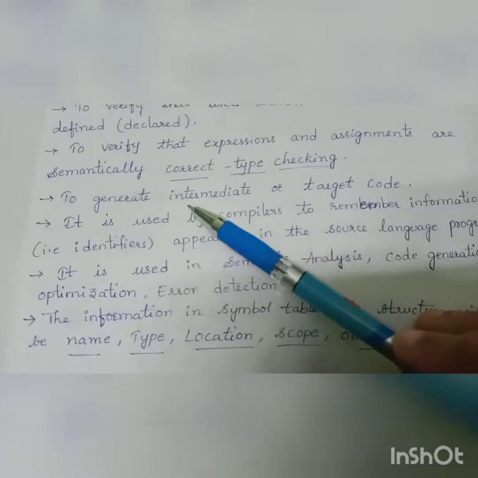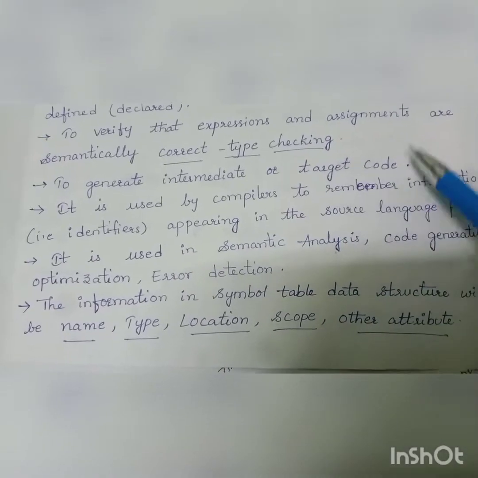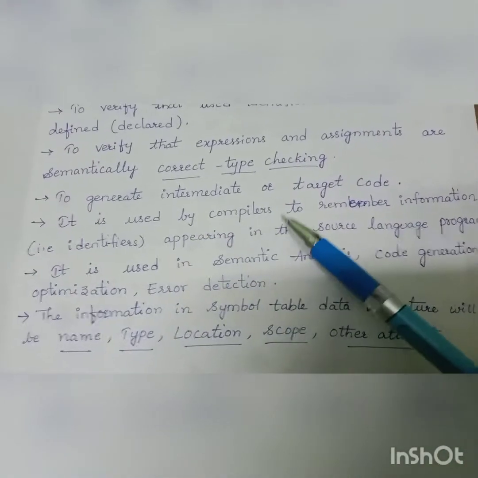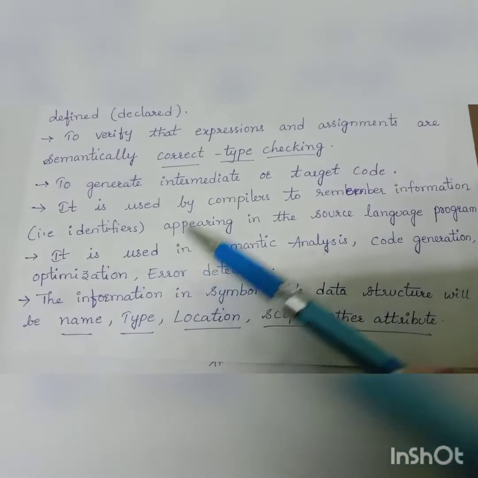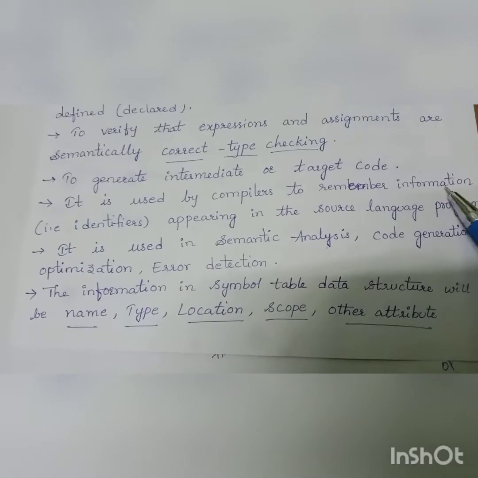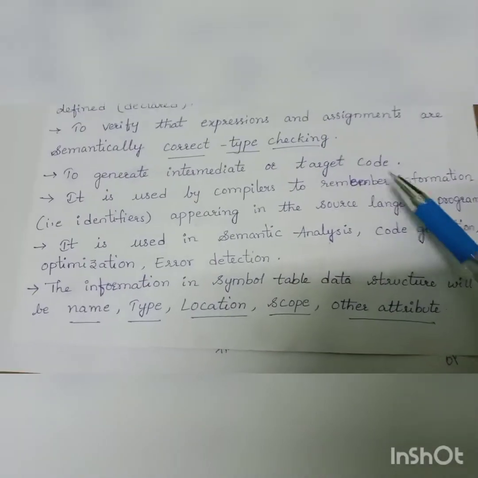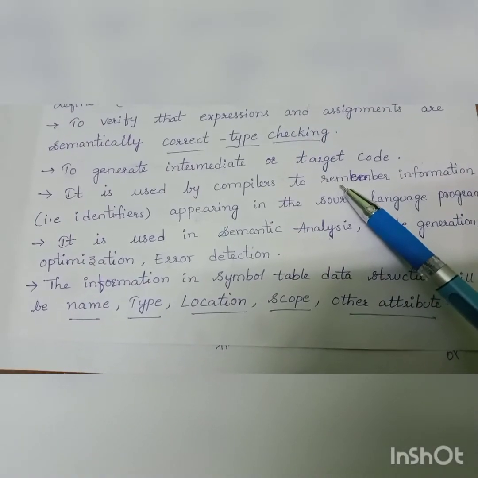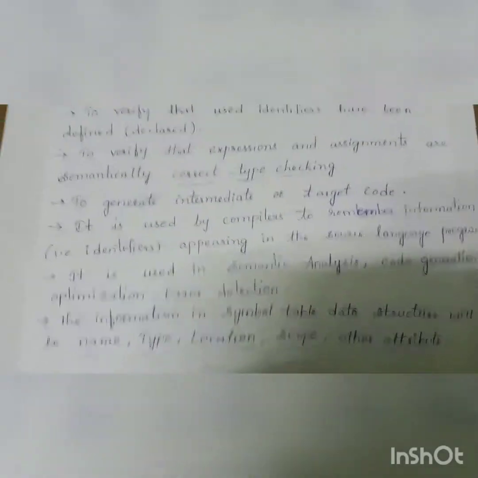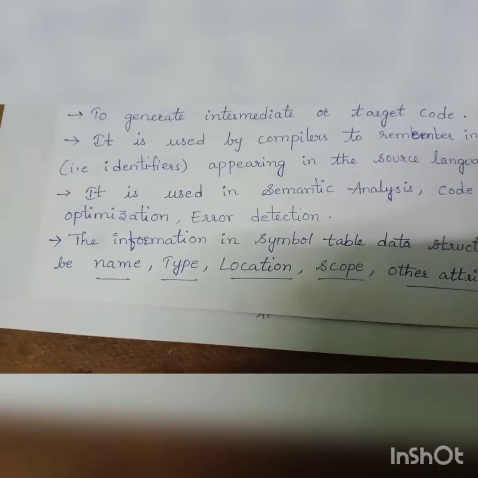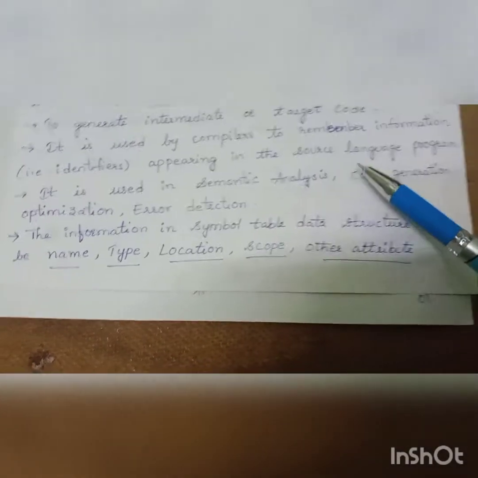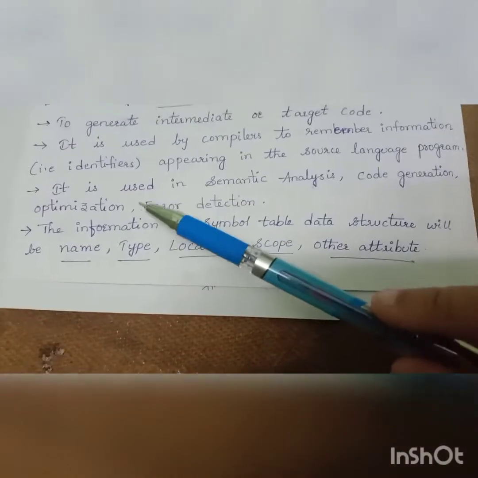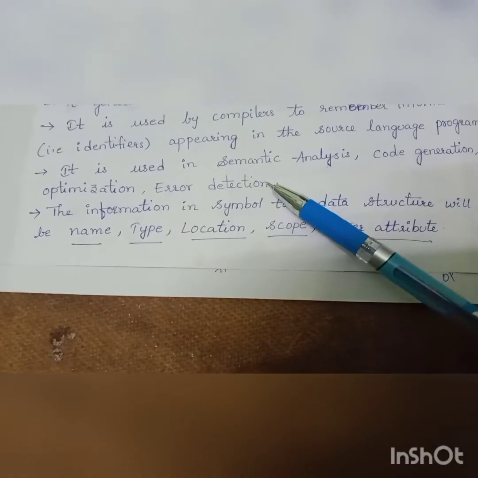It is also used to generate intermediate or target code. It is used by compilers to remember information like identifiers appearing in the source language program. It is used in semantic analysis, code generation, code optimization, and error detection.